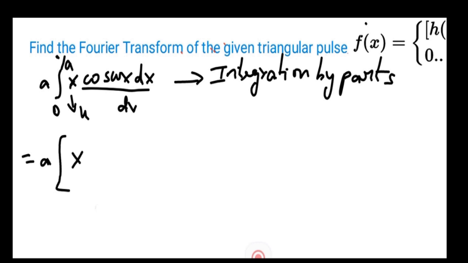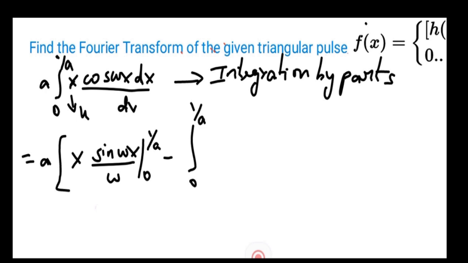Applying the integration by parts formula, we get uv minus the integral of v du. So the first term uv becomes a x times sine of omega times x divided by omega evaluated from 0 to 1 over a, minus the integral from 0 to 1 over a of sine omega x dx by omega.